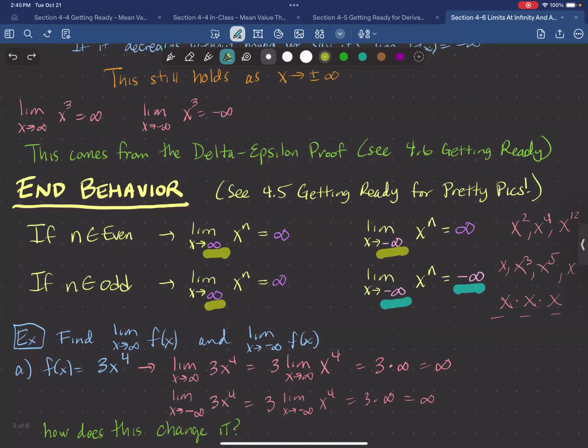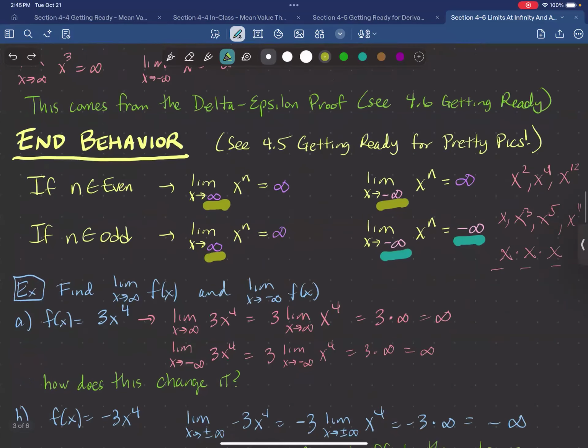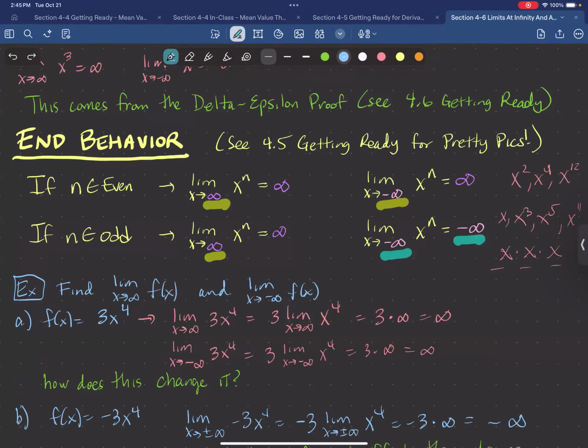But how does this change if f of x is now negative? If we do negative 3x to the 4th, this looks weird. I'm going to fix that. Put that down a little bit there. There we go. That's bothering me a little bit. If we do negative 3x to the 4th, we factor out the negative. And this part is still infinity, but now we've got a negative multiplier on it.